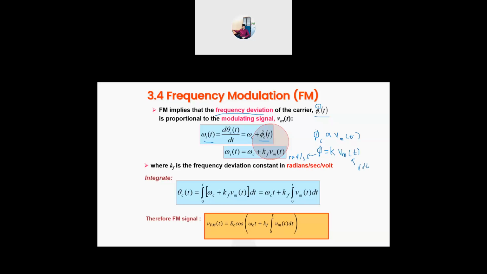So it should be radian per second per volt, because if we cancel this out, you will end up still having radian per second, similar to the left side of the equation. So the K here is actually radian per second per volt.